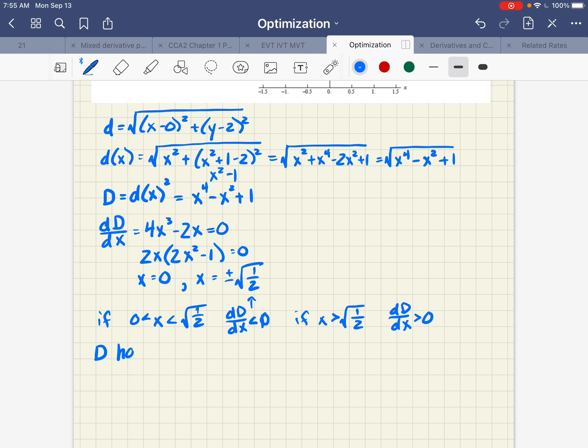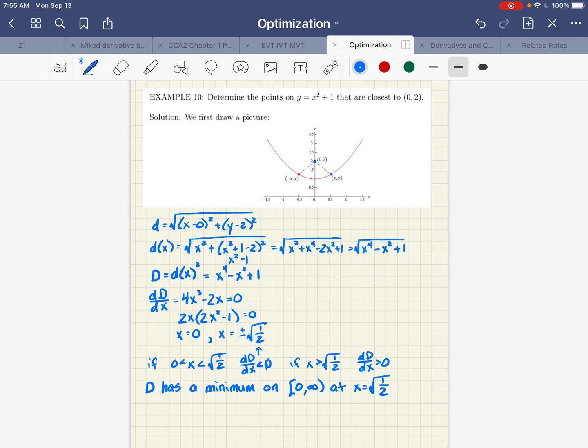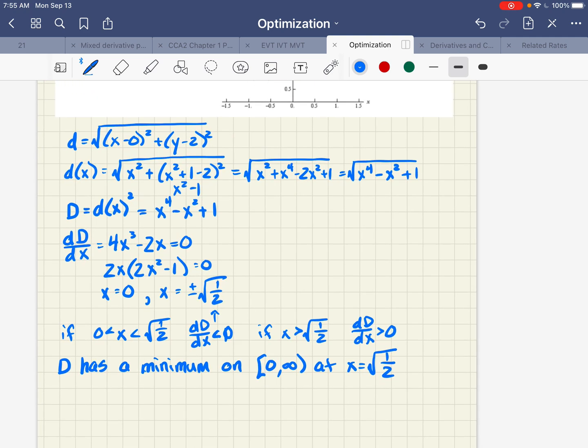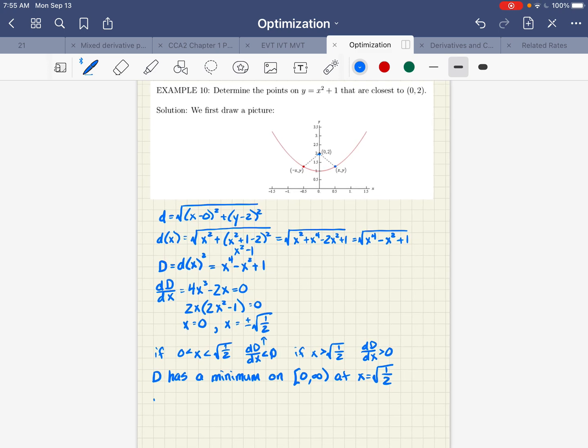D has a minimum on the interval from 0 to infinity at x equals square root of 1/2. And let me just make sure I answered the question. So we want the point, so I guess we should find the y. And then y is 1/2 plus 1, 3/2.